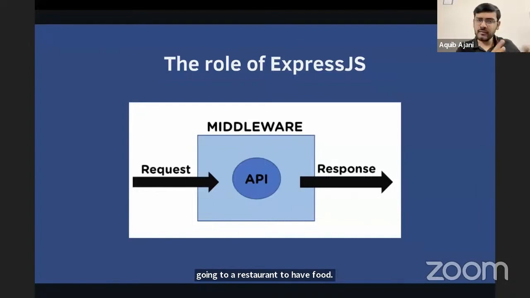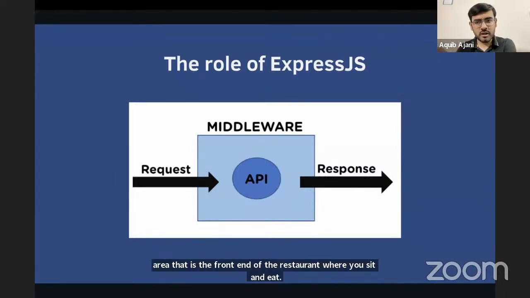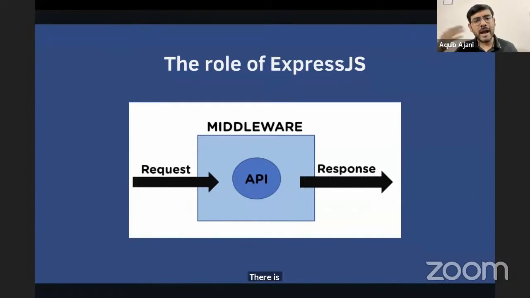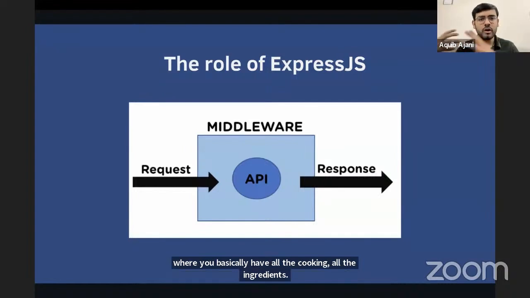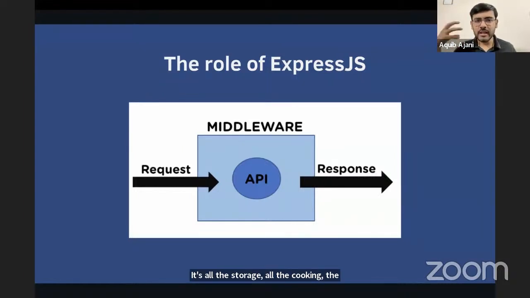There is the front end, which is all the table, chair, the seating area, where you sit and eat. Then there is the kitchen, which is basically the back end of the restaurant, where you have all the storage, all the cooking, the processing of whatever order you have given. That is the back end.